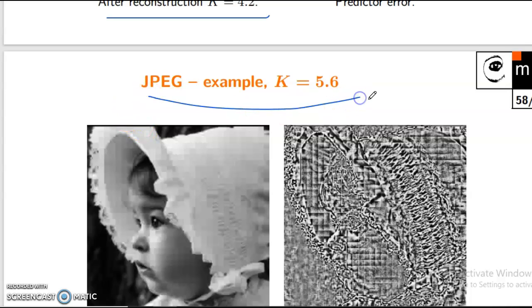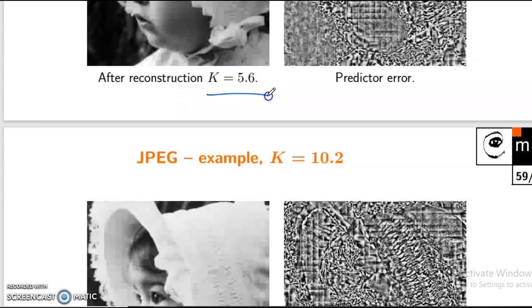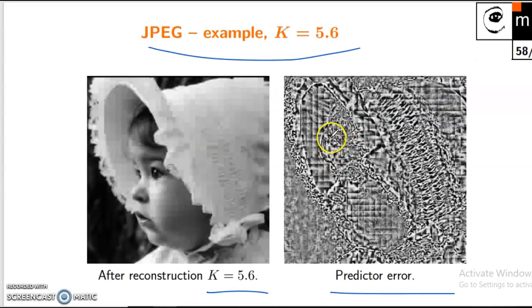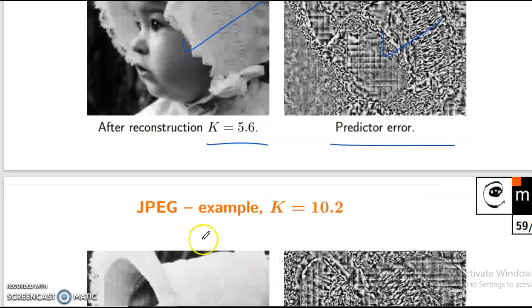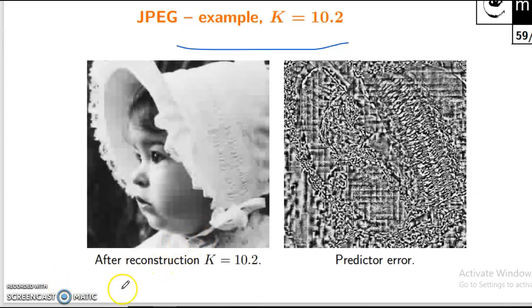JPEG example K equal to 5.6. After reconstruction K equal to 5.6. Predictor error here. This is the predictor error. K equal to 10.2. After reconstruction K equal to 10.2.